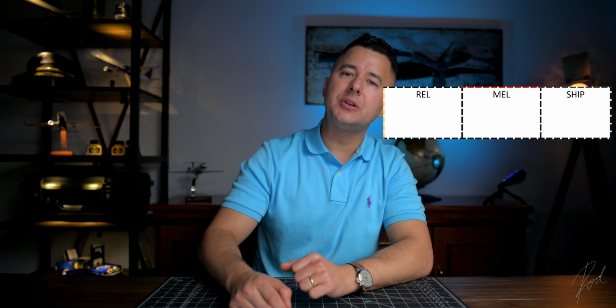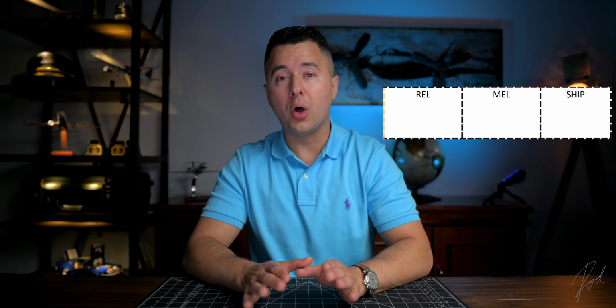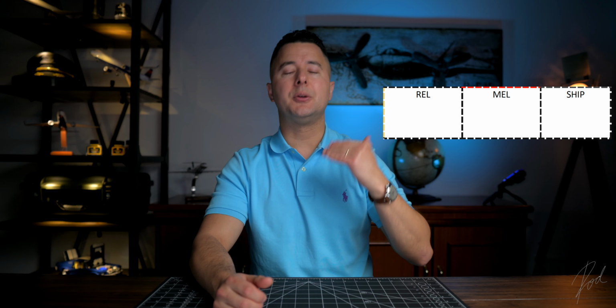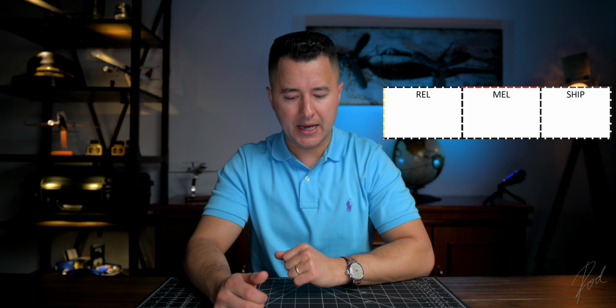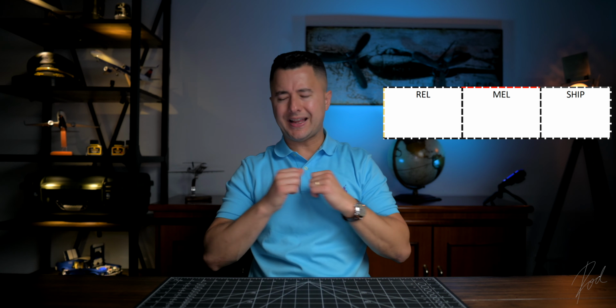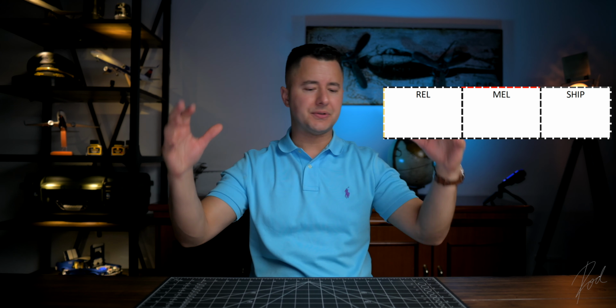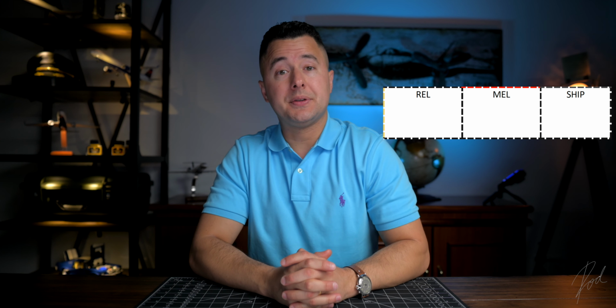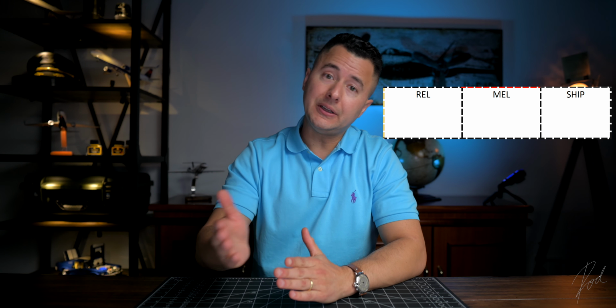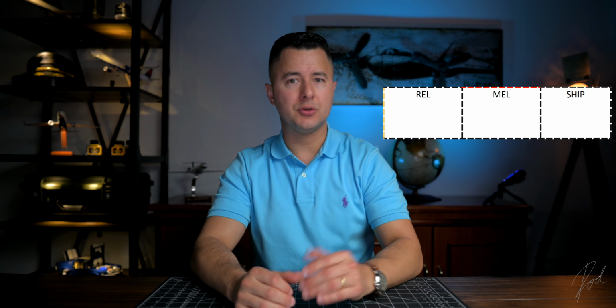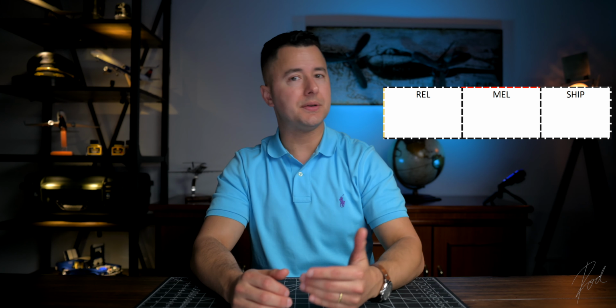MELs refer to the minimum equipment list, or items that can be broken, deferred for your flight, and the procedures associated with those items. As you can imagine, an aircraft has thousands and thousands of items that can effectively be deferred safely due to the level of redundancy that we have.